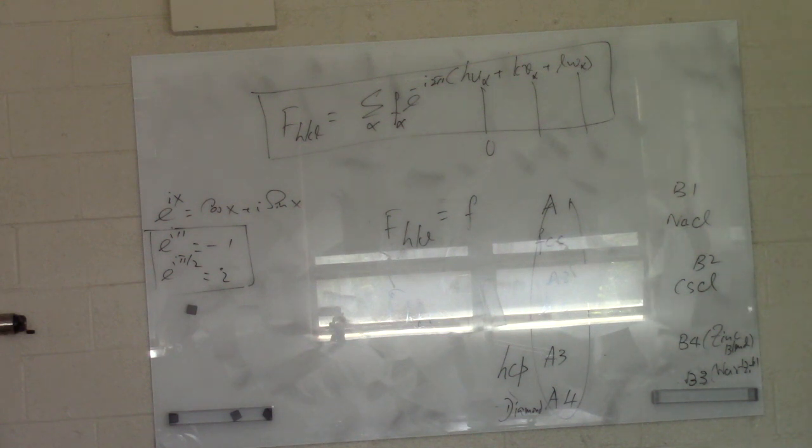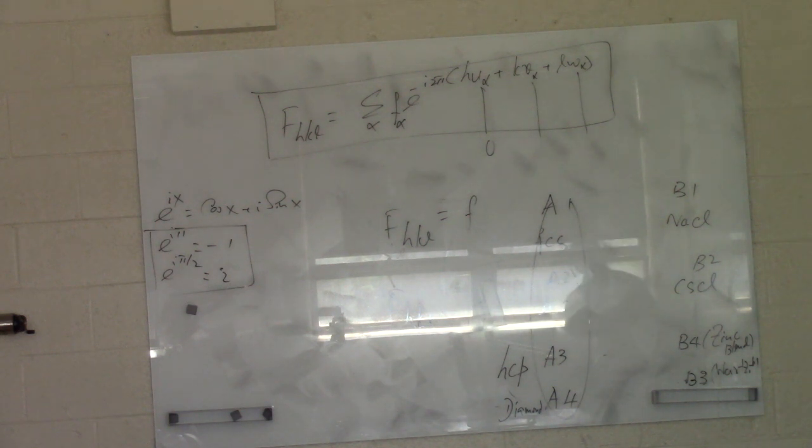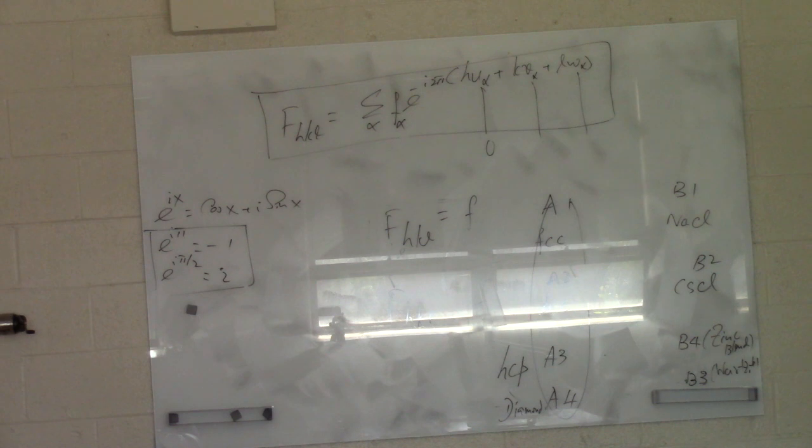You can only get these numbers. If you have face centered, these numbers are this one. If you have diamond, you have this one. So that's why I put it in this form. So you can see simple cubic, these ones. These are the allowed ones.